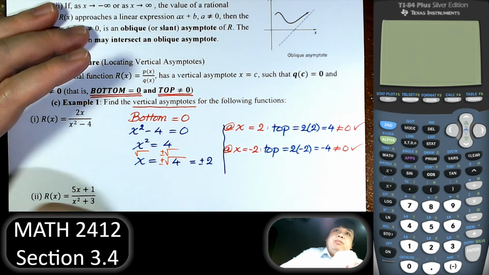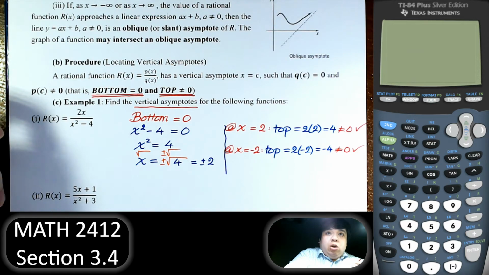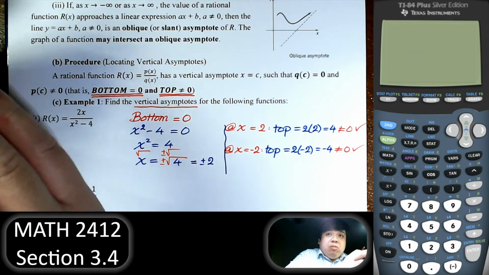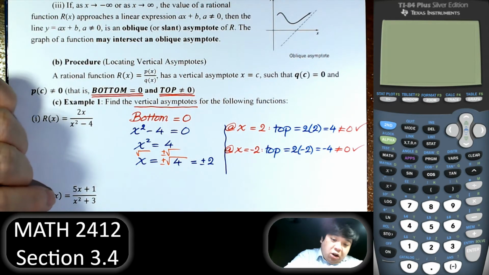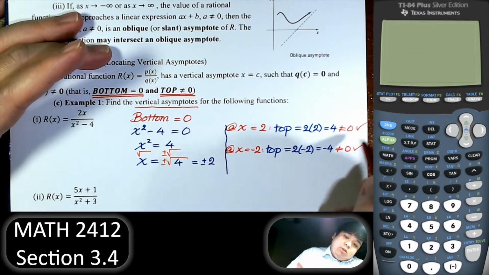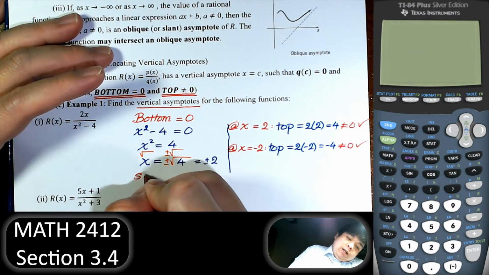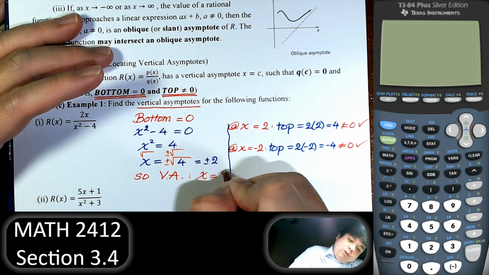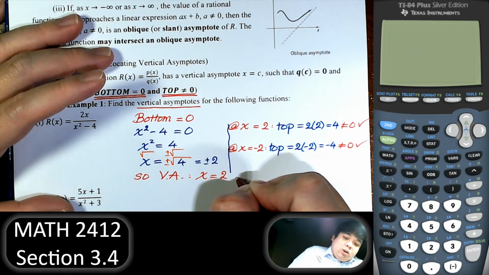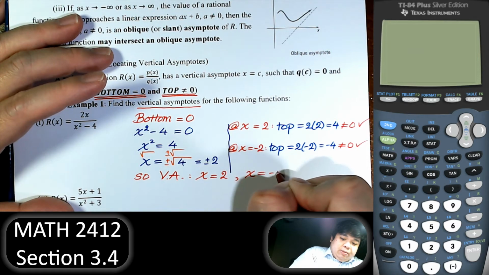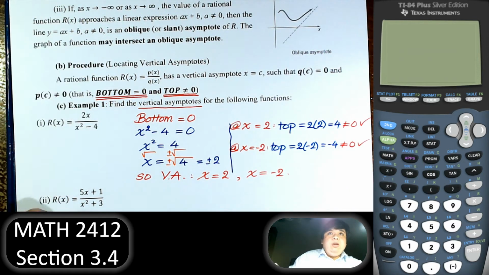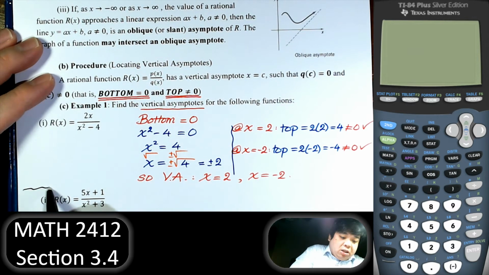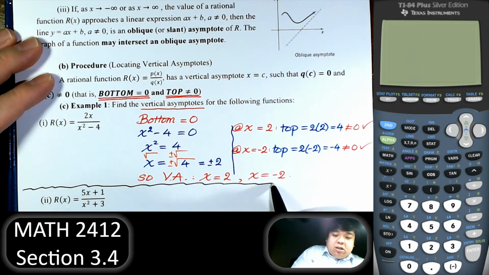So it's good. So the bottom equals 0 and we make sure that the top is not equal to 0, and in this case both of them check. So for the vertical asymptotes, we have x equal to 2 and x equal to negative 2. Simple enough. The bottom is 0 and the top is not.